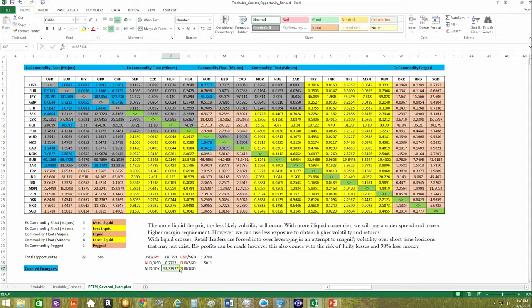And we multiplied them together to get the Aussie dollar yen rate because the currency that remained became the numerator and the denominator. That's a multiplication situation, and that gave us the Aussie dollar yen rate. And if we check on the Aussie dollar yen rate, so we look at the Aussie dollar at the top here, and we scroll down to Aussie dollar yen, we'll see that we're actually correct.